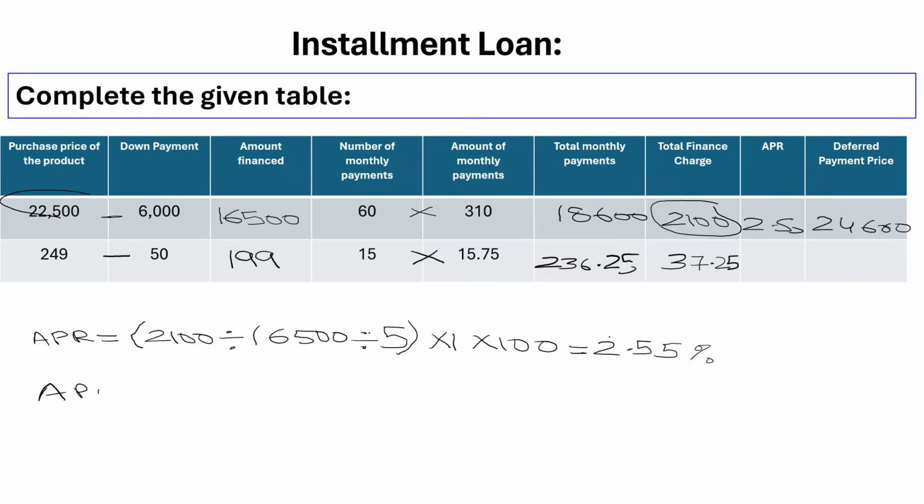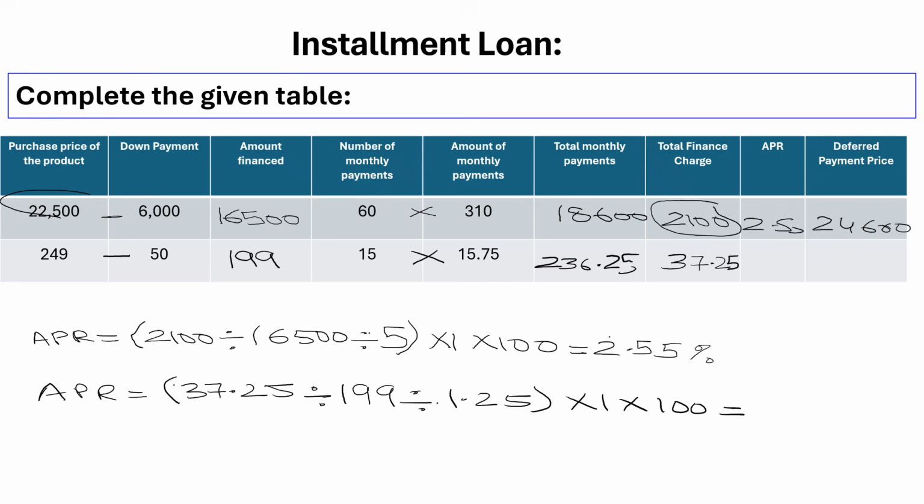APR is equal to total cost of credit. How much is my total cost of credit? 37.25, divided by loan amount. How much loan was taken? 199, divided by term, 15 months, which means 15 divided by 12, it will come to 1.25. Bracket close, multiply by 100.